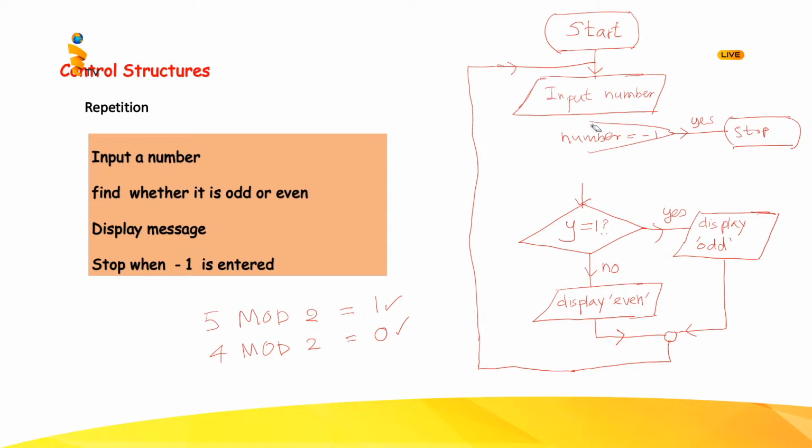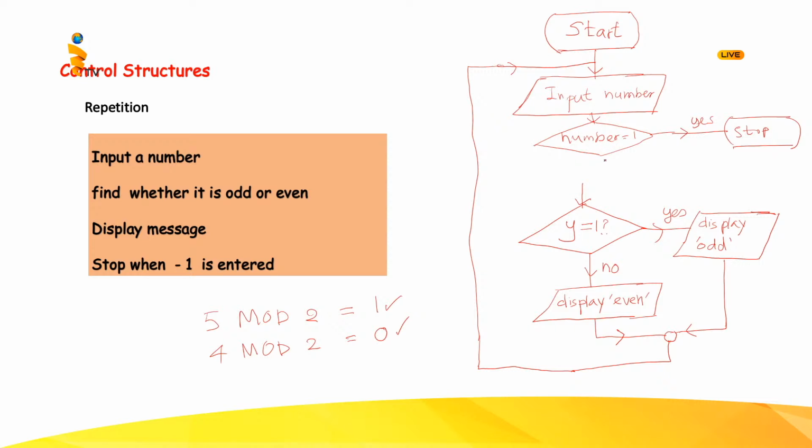So you have to use correct symbols here. I will draw it again because I have to show that this symbol is a diamond symbol. Otherwise, many won't understand what the symbol is. So you have to be very careful about your symbols. So I have to indicate like this: input number.